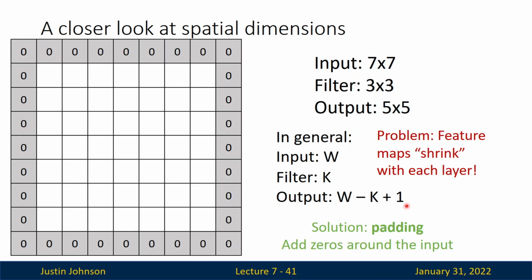Okay. Therefore, there is a method to preserve the image size. It is called padding. Padding means because I know my output image will be slightly smaller, then I add some extra pixels surrounding the input image. So there are some parameters. How large will your padding region be?